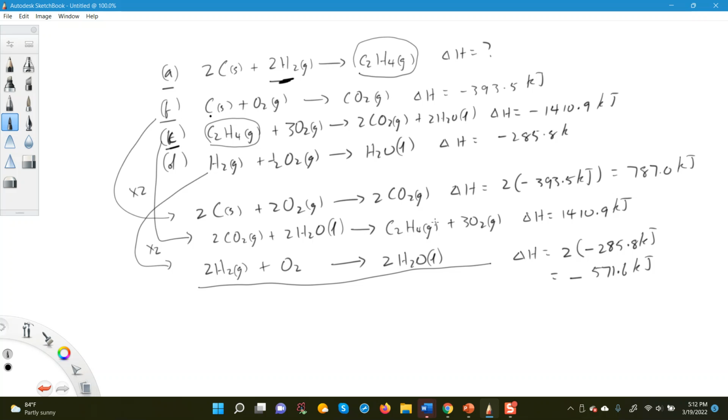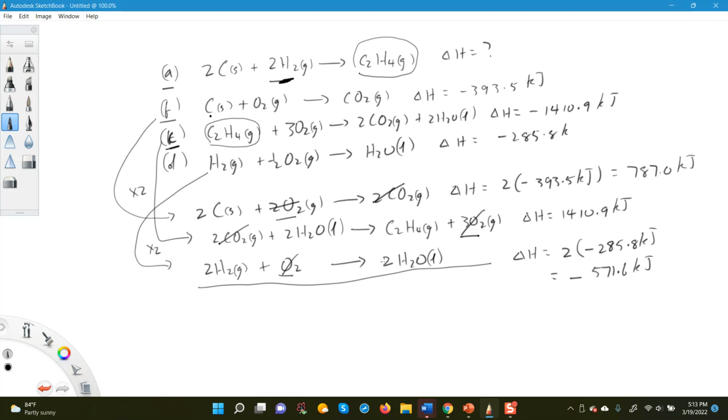Okay, so after doing that, the next step would be to add these equations together. And of course, when you add equations together, you cancel out those items that are common to both sides. So the first thing I notice is that I have 2 carbon dioxides here that will cancel out with 2 carbon dioxides here. Also, this one is not as obvious, but you'll notice that there are 3 oxygens you have on the right side. On the left side, you have 2 here plus 1, 3. So therefore, these 3 oxygens will cancel out these 3 oxygens, all right?